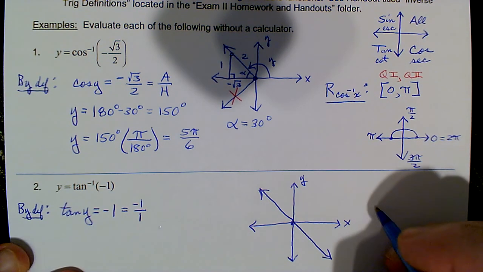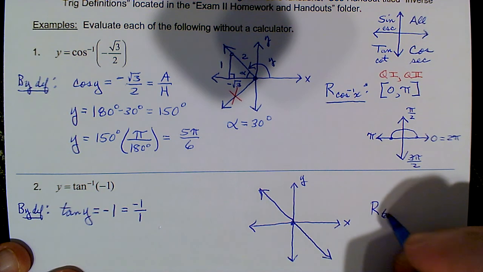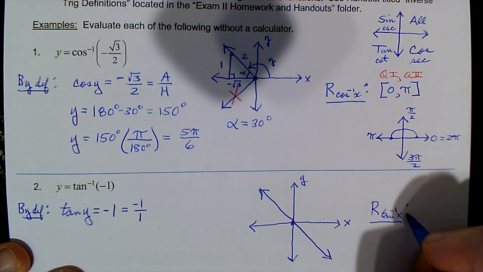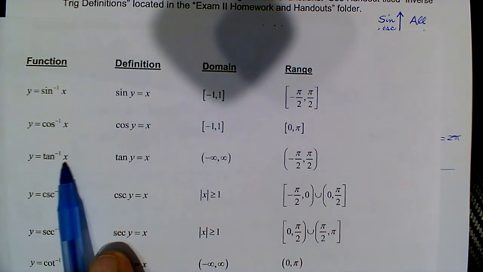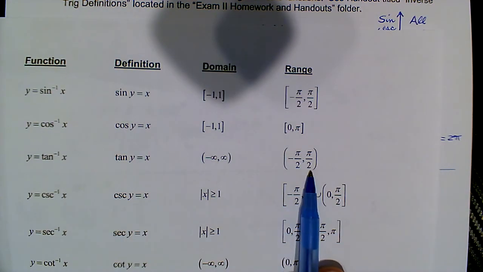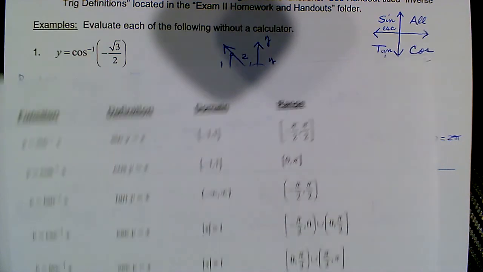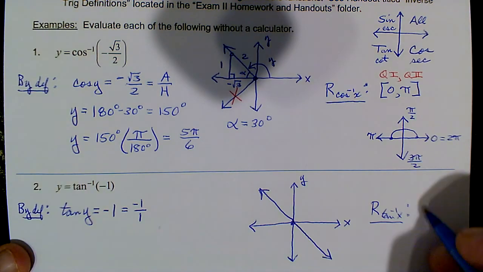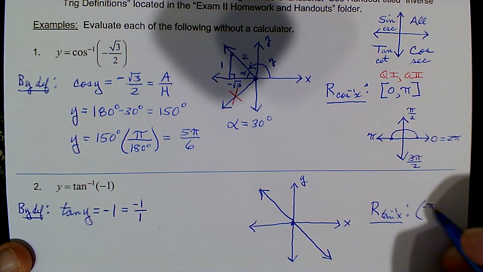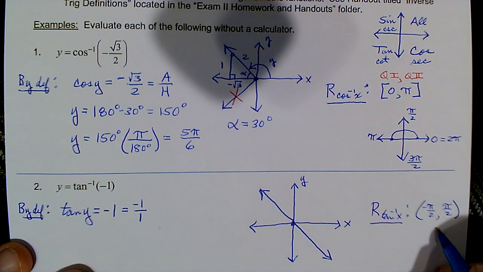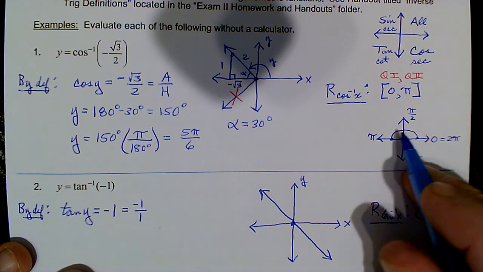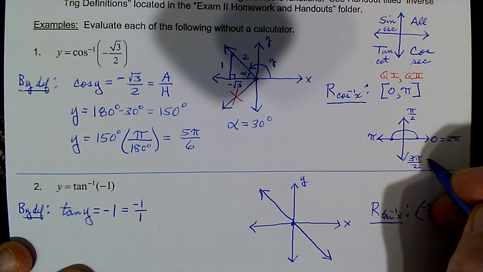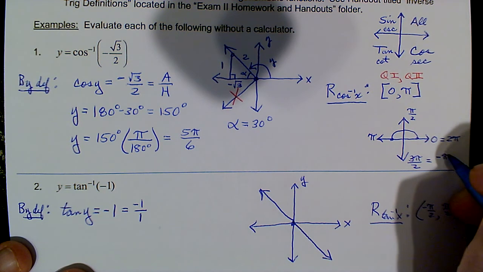But then based on the range of the inverse tangent, you'll be able to eliminate one of these angles. Again, you don't have to memorize the ranges, but the range of the inverse tangent was -pi over 2 to pi over 2, non-inclusive, because of those vertical asymptotes on the tangent function. As an interval, -pi over 2 is actually the same as 3 pi over 2.